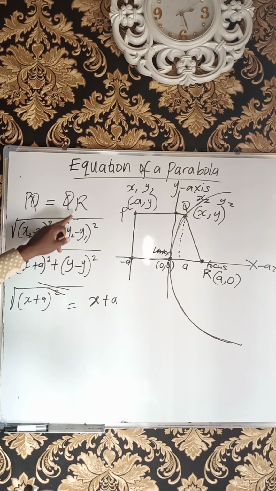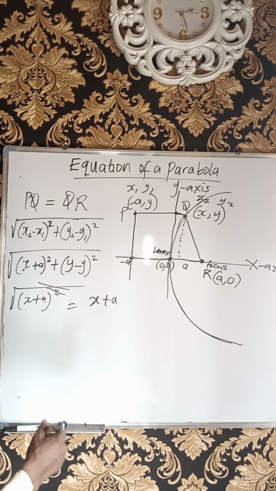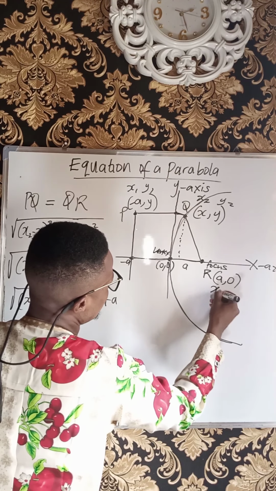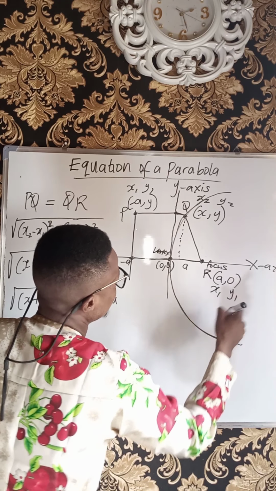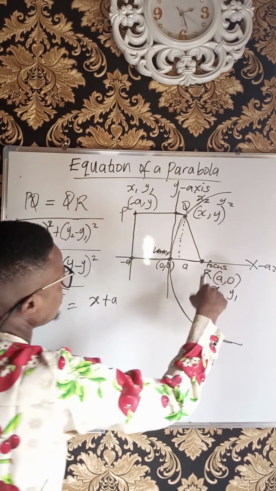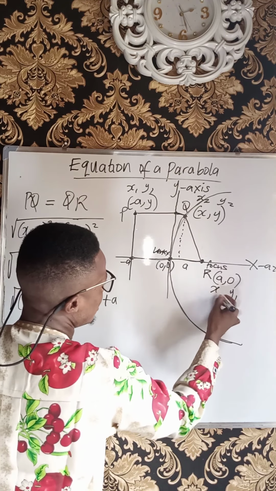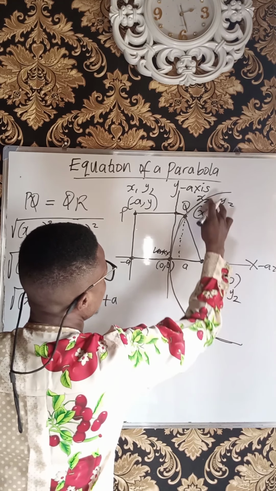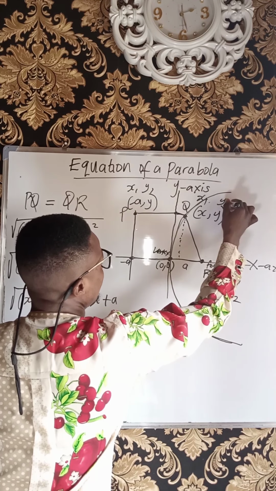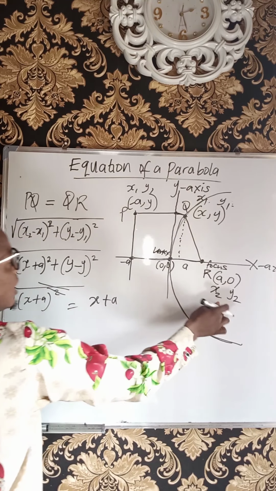Okay, so let us get QR, distance QR. Okay, so for QR, let me now call here x1, y1 and use it to get the distance QR. Or rather this can be x2, this can be y2, so that here will now be x1, y1, since I'm talking about QR.